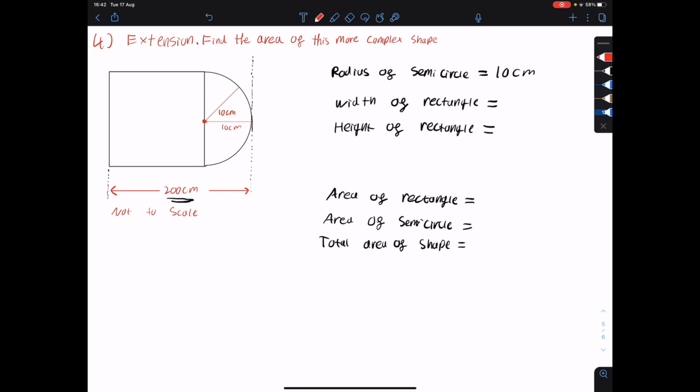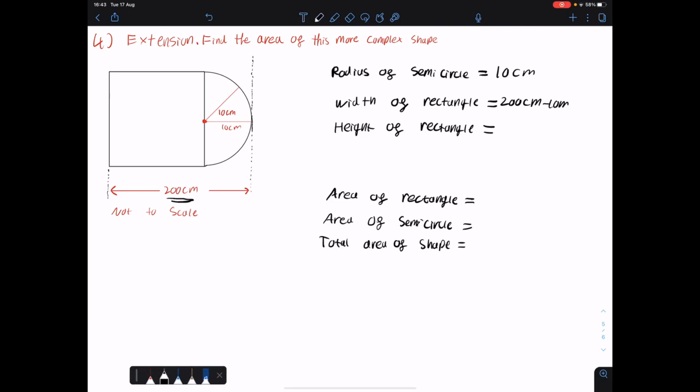So the width of the rectangle is just going to be the width of this entire shape, which is 200 centimeters from here, minus the radius of this semicircle, which is 10 centimeters, which gives us 190 centimeters.